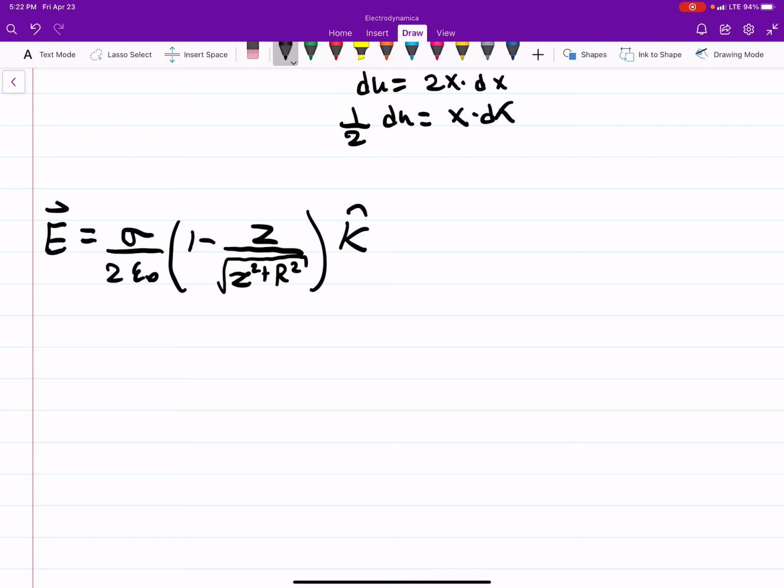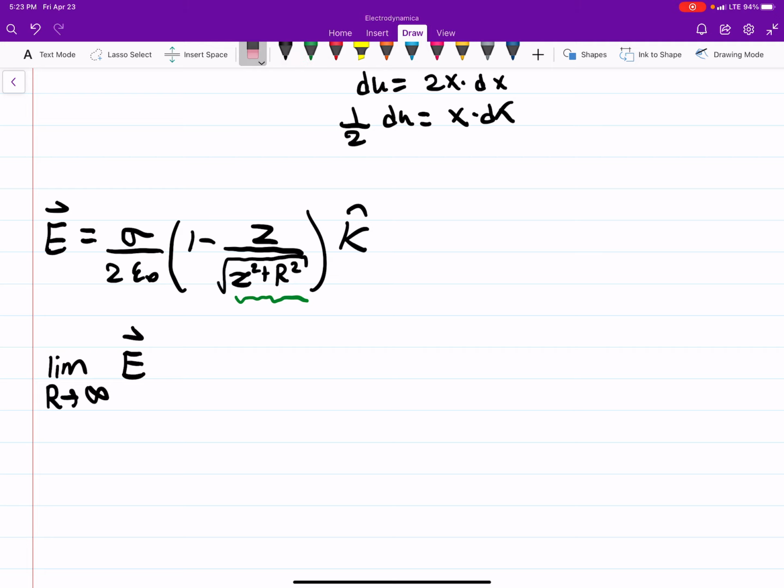The other thing I want to talk about really quick is the limit as R goes to infinity of your E field. When your R is growing, you're squaring a bigger number, which means you're going to be dividing by a bigger and bigger number.